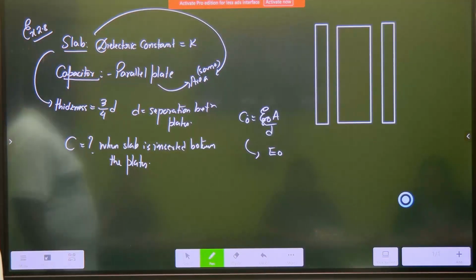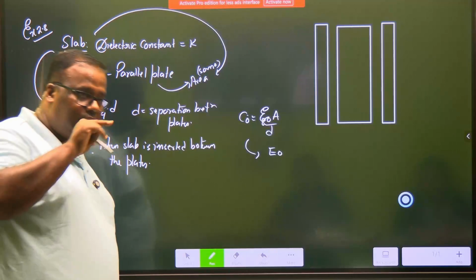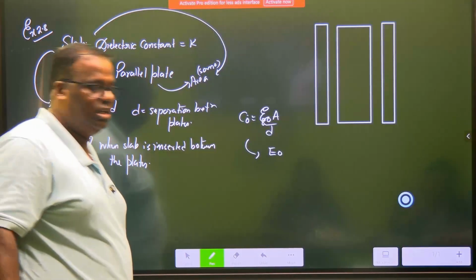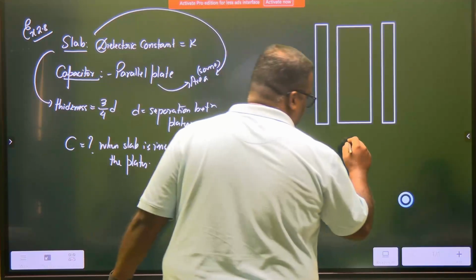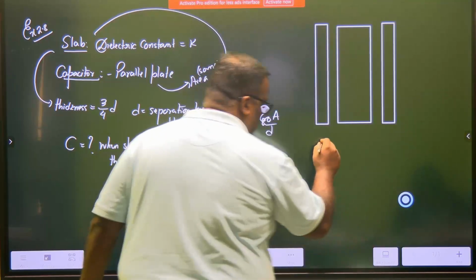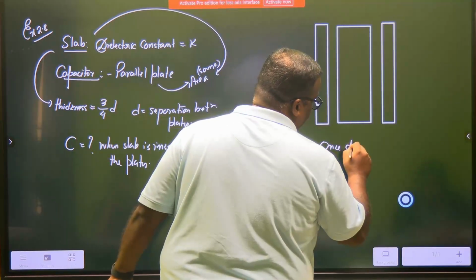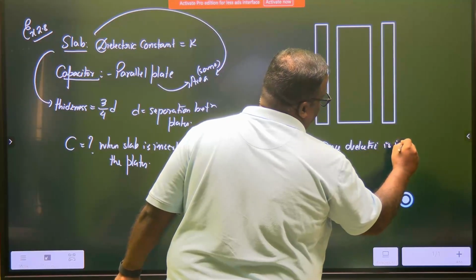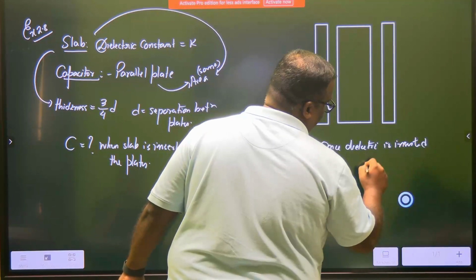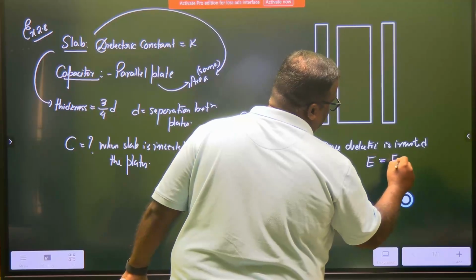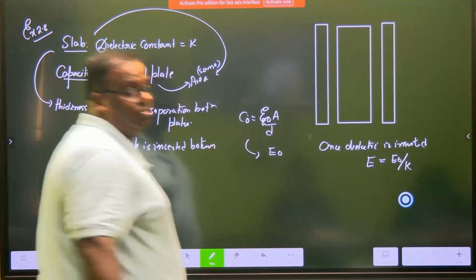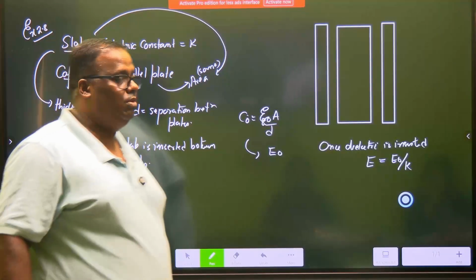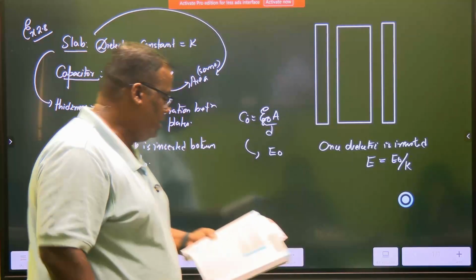After you insert the dielectric, the electric field gets reduced, and your electric field will be E, which will be E0 upon K. Everything is K. So if you divide it by K, the value will be coming down, right? This is E0 by K.